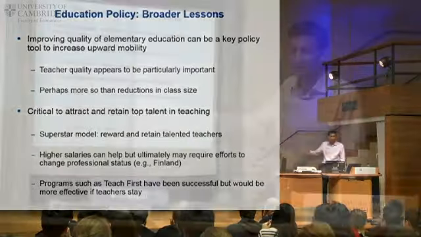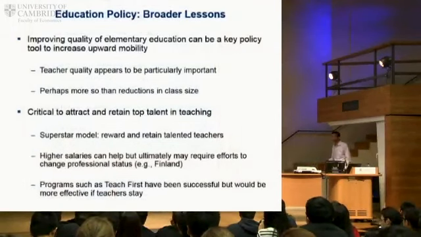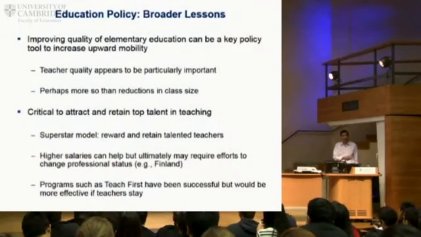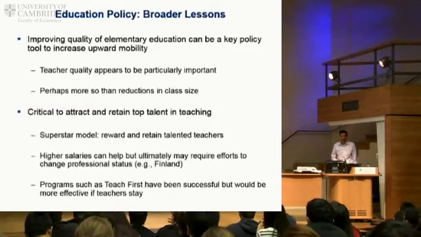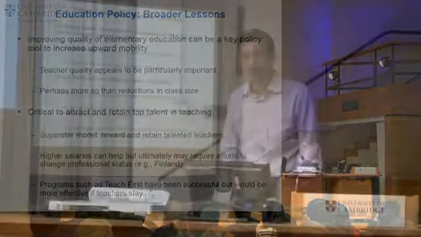And so the broader message of this is that improving the quality of elementary education, I think, can be a key policy tool to increasing upward mobility. And teacher quality appears to be particularly important, perhaps more so based on other evidence than reductions in class size. So the consequence of that, I think, is that it's critical to attract and retain top talent in teaching.